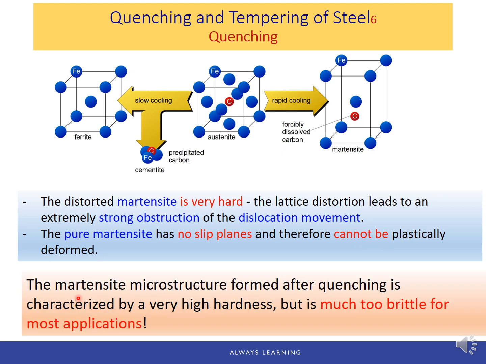So the martensite microstructure formed after quenching is characterized by a very high hardness, but is much too brittle for most applications. So in order to give the quenched steel the toughness required for use, the microstructure must be treated again afterwards, and this is done by subsequent tempering.